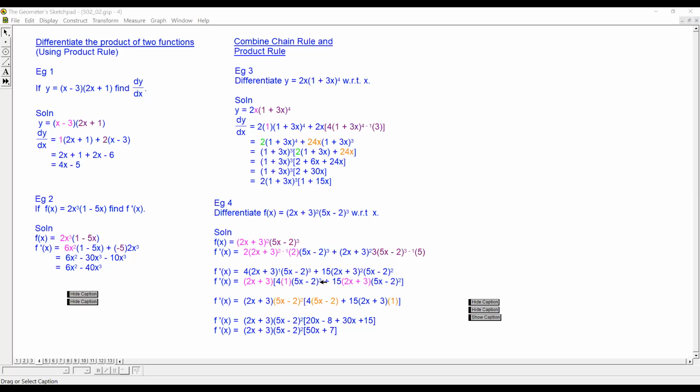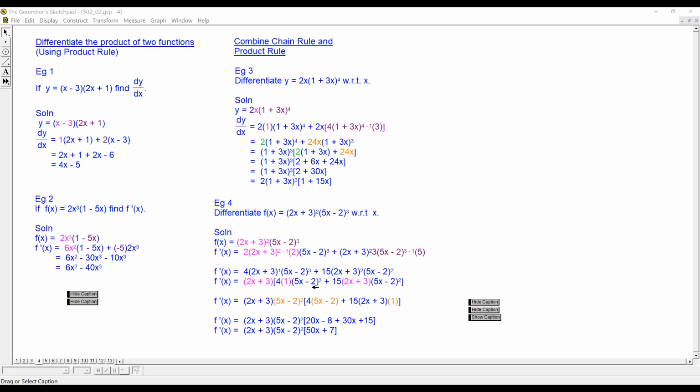(5x - 2) to the power 3, (5x - 2) to the power 2. Oh, which one to take out? 3 or 2? This one, 2. So (5x - 2) to the power 2, I put outside here. This time I color it orange color. When I take out, this number I multiply become 4.